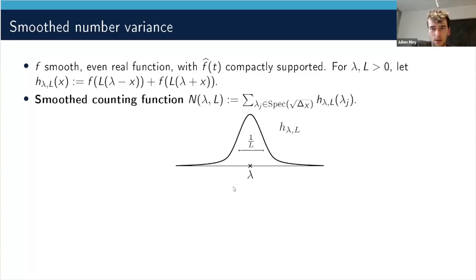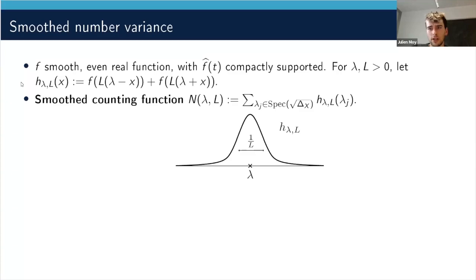For technical reasons, it is easier to work analytically with the square root of the Laplacian here. And so I put a graph of what h lambda L is. You have somehow a smoothed version of a sharp window centered at lambda and of width 1 over L. There is another part in h lambda L which I do not draw, and it is of less relevance here.